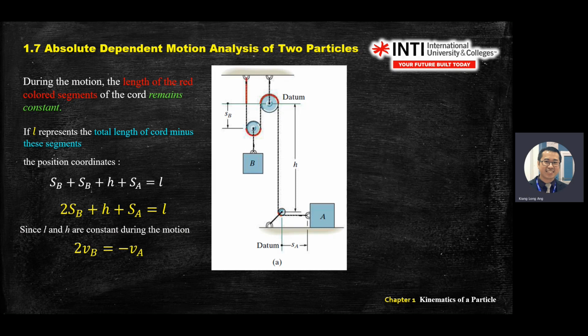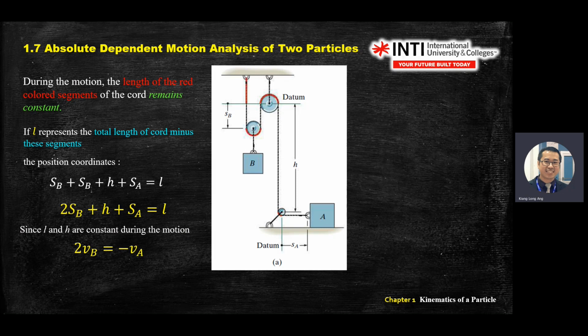Okay, so you rearrange: 2VB plus VA equals 0. You move your VA to the right. You get 2VB equals negative VA. Makes sense. So this is the relationship between your velocity of B and velocity of A. What does it mean?